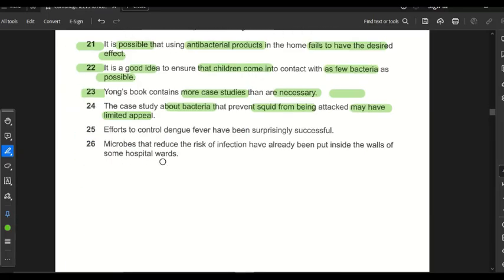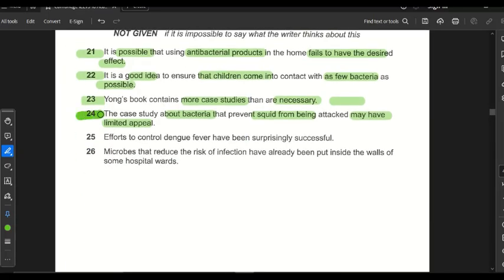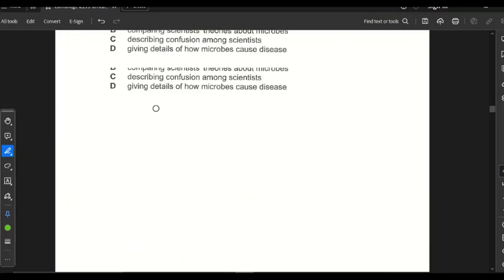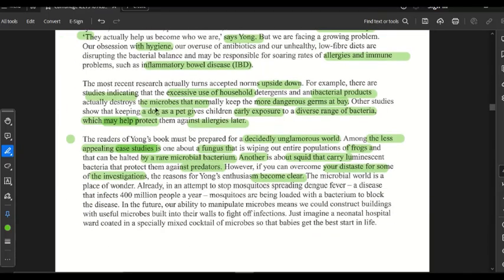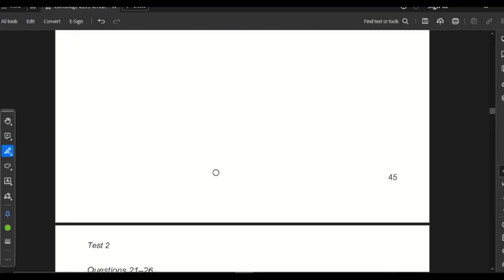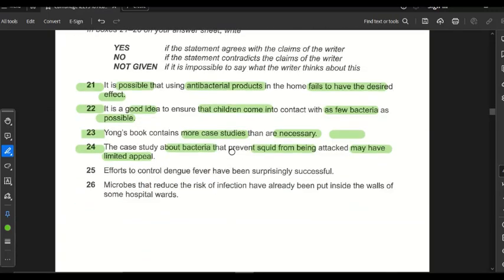So this statement is a yes, because the meaning of that statement completely reflects in the less appealing case studies, and this one is another less appealing case study. And protect them against predators means what? Prevents it from being attacked. You get it? So the meaning can be read from the passage. So let's proceed to the next one.